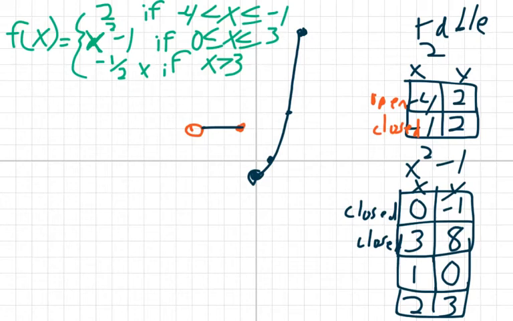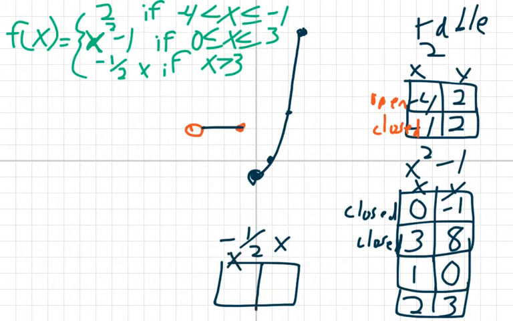Alright, my last table is the -1/2 x. And let's see, this one's different. It says x is greater than 3. So 3 is going to be one of my points that I use, and that's going to be open.